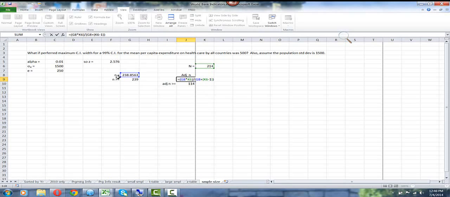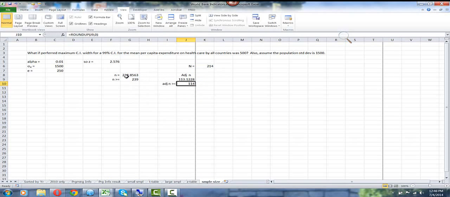So you take the 238.85 or 86 times the population size, 214, divided by the 238.86, the original calculated n, plus population size minus 1.